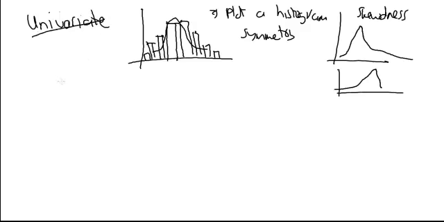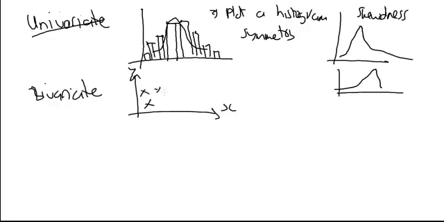For bivariate, we use scatter plots. So since we have two numbers in the example I'm going to be looking at, we can plot x against y. So if our two data items are x and y, we can look to see whether there's any pattern.